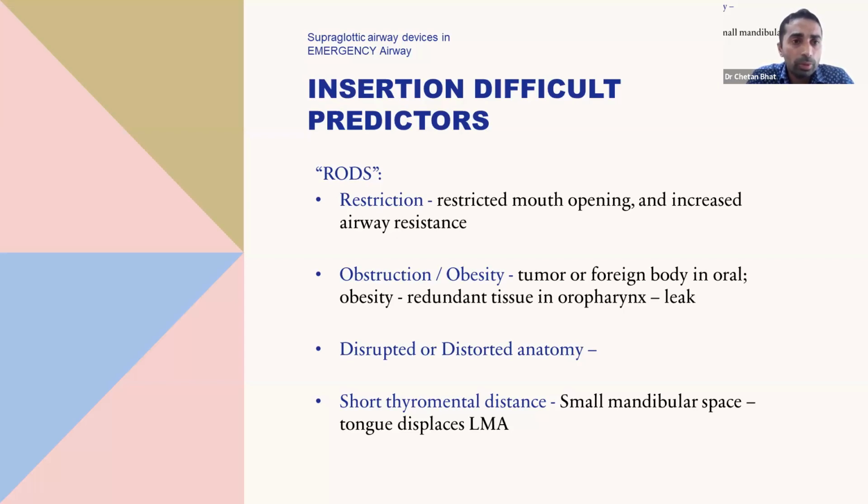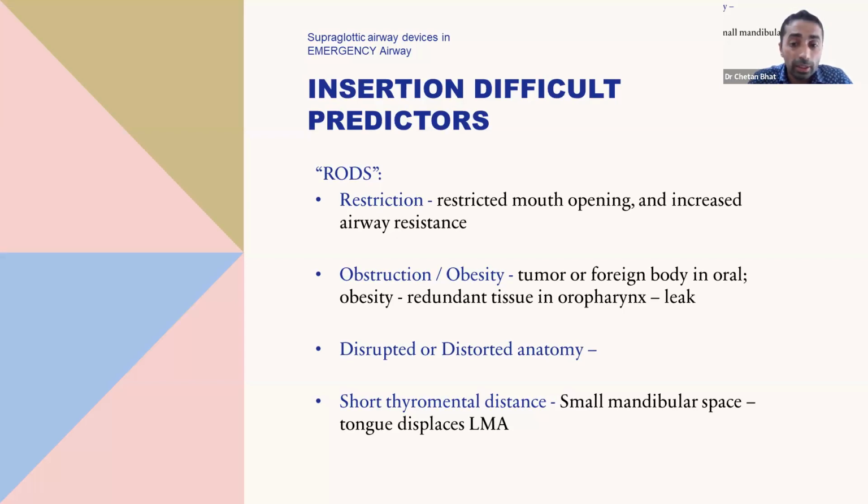Obesity. In obesity, the pharyngeal tissues will be pressing on the LMA, where a leak may be present. So in those cases, it is difficult to insert an LMA. And disrupted or distorted anatomy. Then short thyromental distance. Short thyromental distance is measured by placing three fingers below the mentum to the thyroid cartilage.